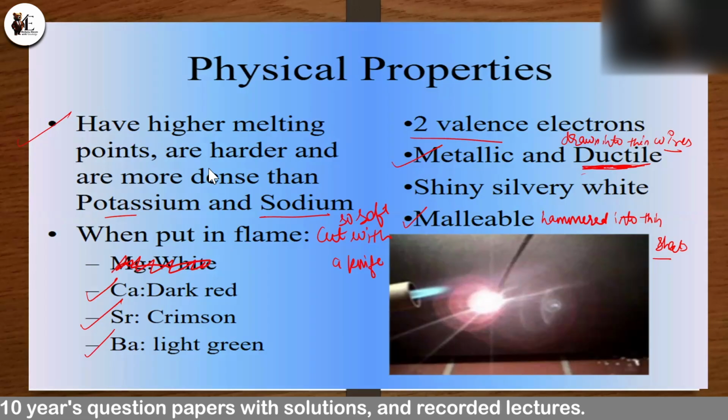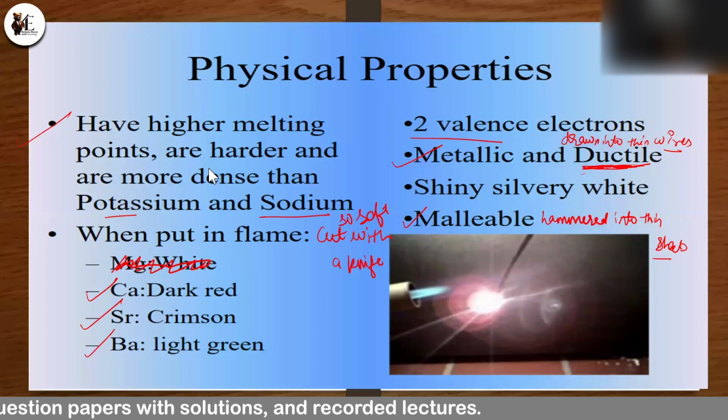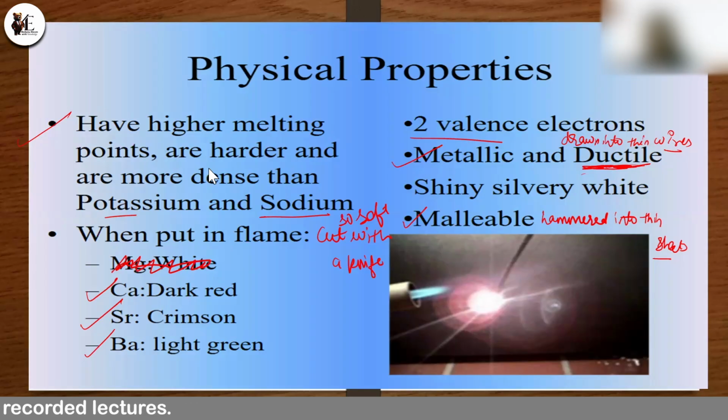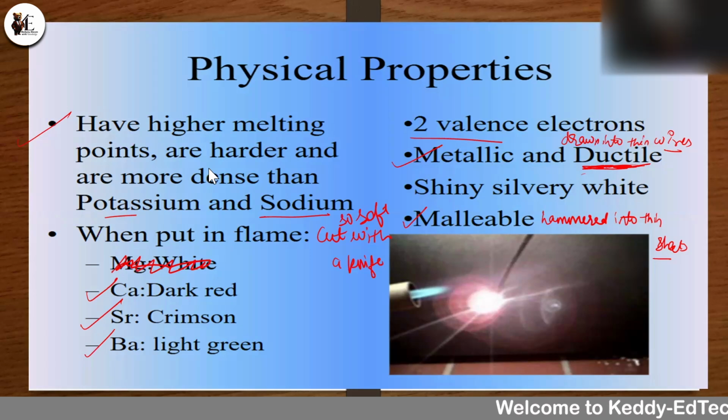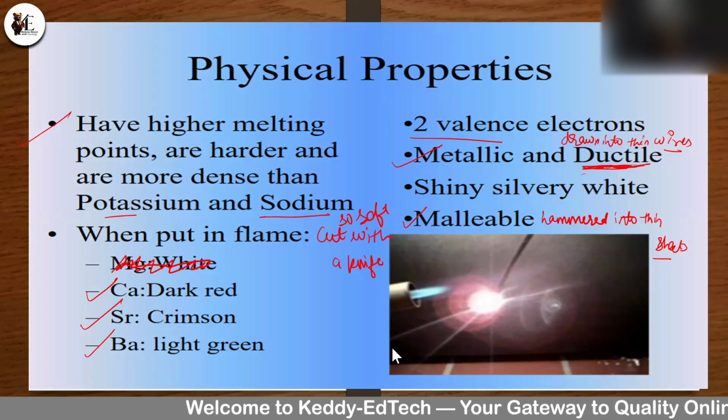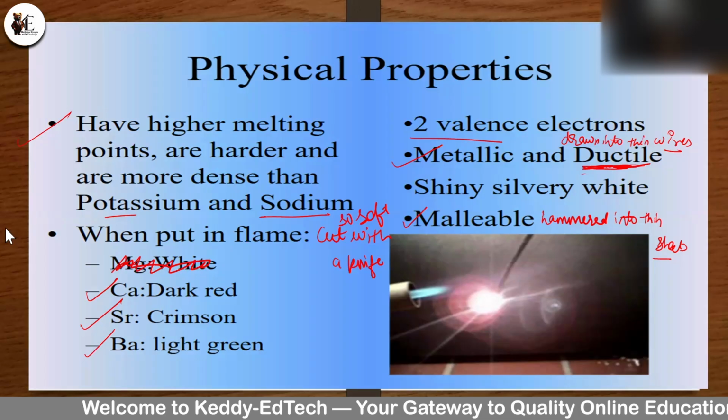The one that you cancelled, magnesium. I'm talking about the physical properties of the element. Here, on the screen that you shared, physical properties: two valence electrons, metallic and ductile, right?